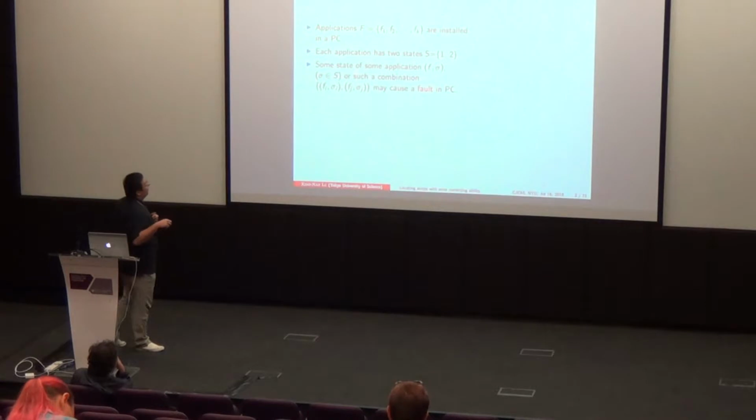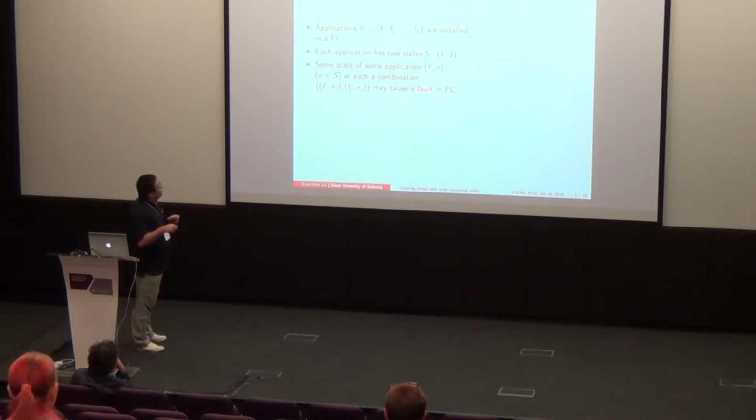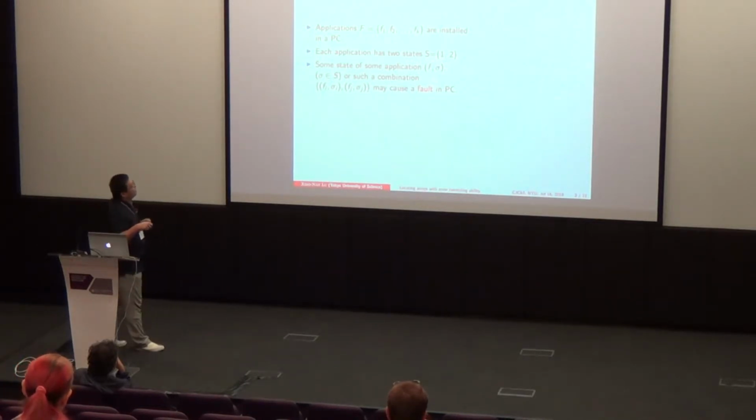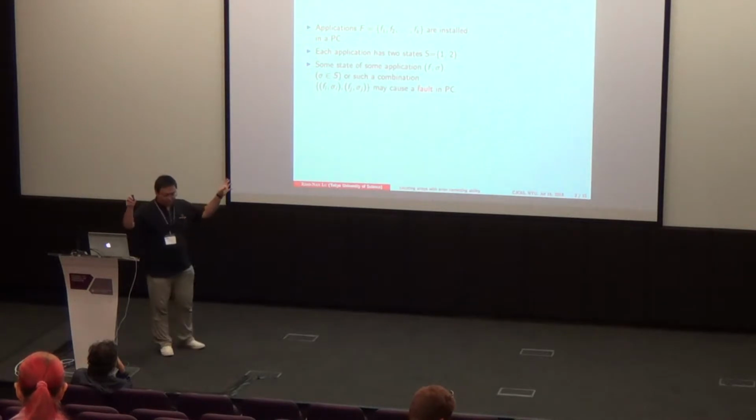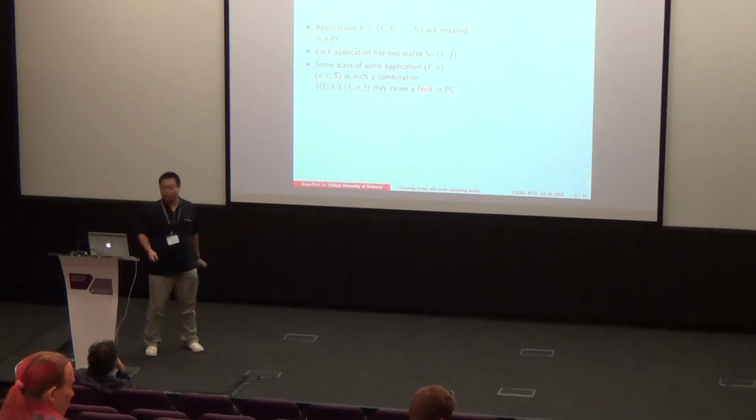So for example, if we consider only one status of the application, then we represent this by the application and its status. And if there is a combination, that is, when these two statuses meet together, then there will be a fault.